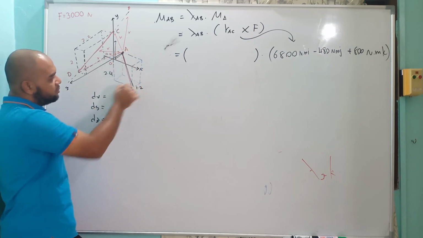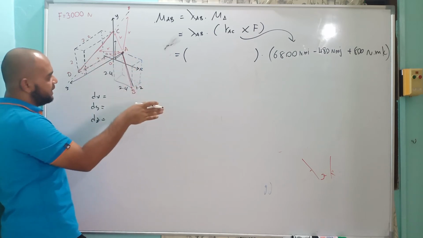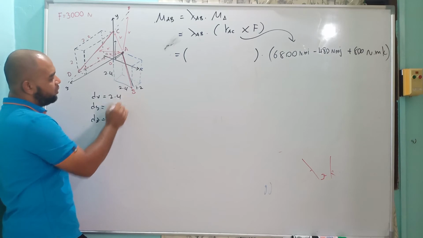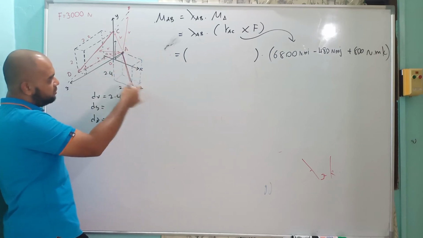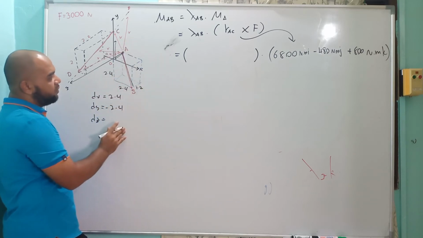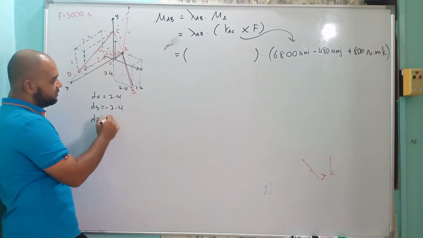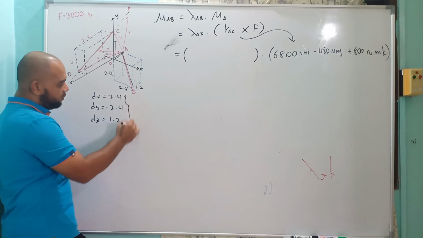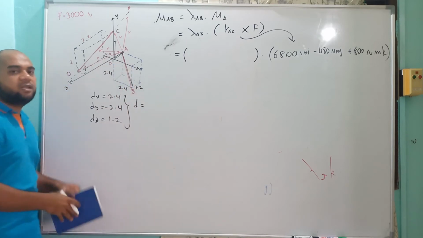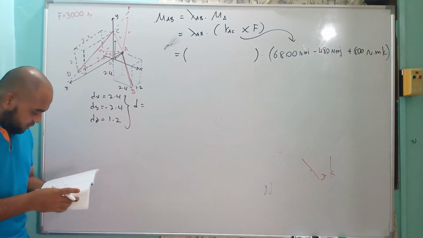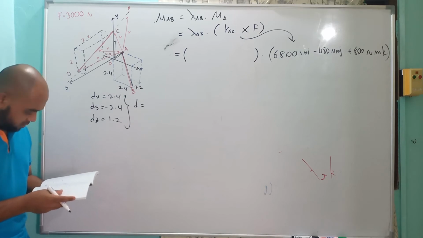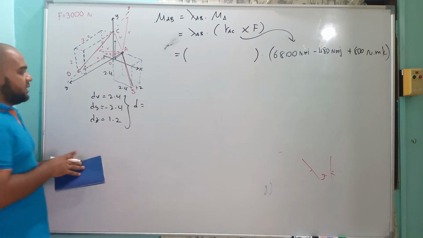From A to B, dx moves in the positive x direction, 2.4; dy goes downward, so negative 2.4; dz moves positive z, so positive 1.2. From here we can calculate d, which is 3.6.